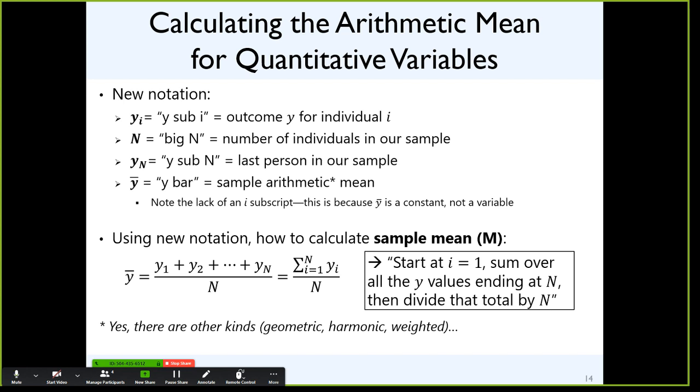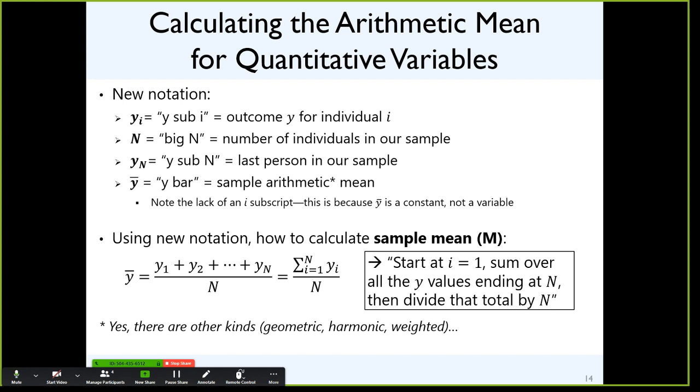Individual people, individual schools, individual rats, individual countries, whatever your unit of analysis is. Individual covers it pretty well. Italicized big N is the number of people in your sample, total sample size. Y with a subscript of the big N, Y sub N, refers to the last person in the sample.